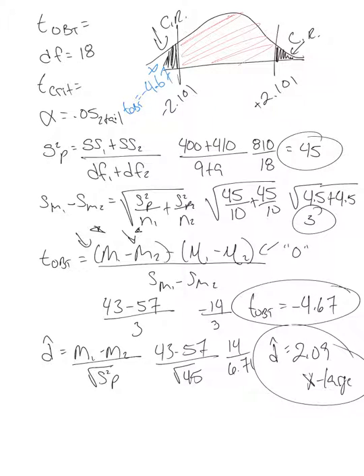So again, the initial question was, a researcher wants to assess the damage to memory that's caused by excessive alcohol consumption. And they grab 10 adults from the hospital treatment ward for alcoholism and 10 non-drinking adults from the hospital maintenance staff. Each person in those groups is given a memory test, and the average scores were 43 for the alcoholics and 57 for the non-alcoholics.